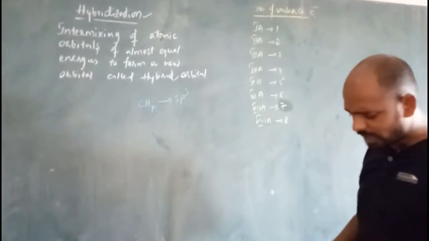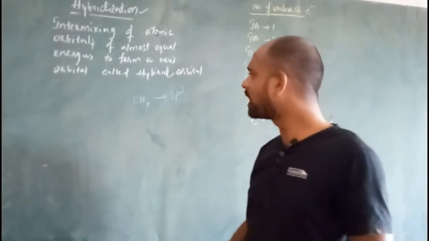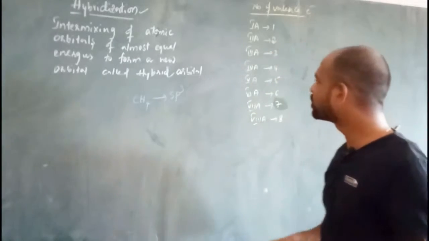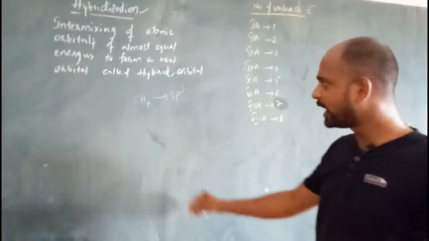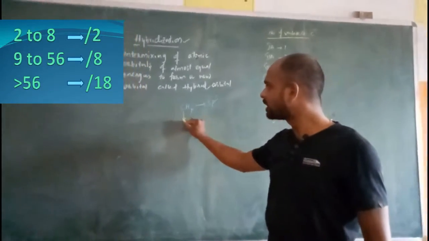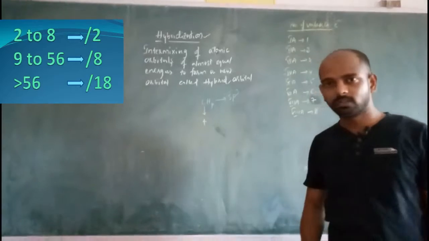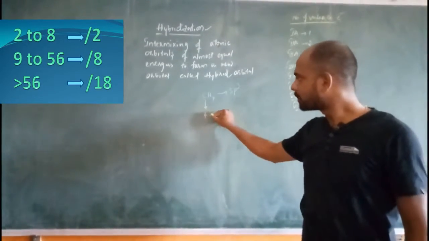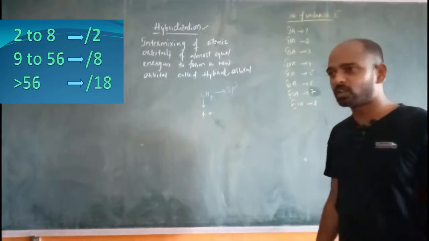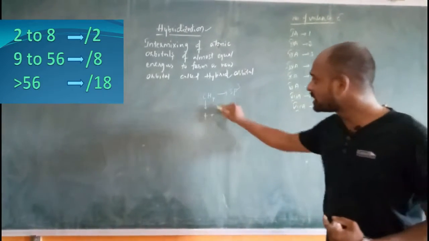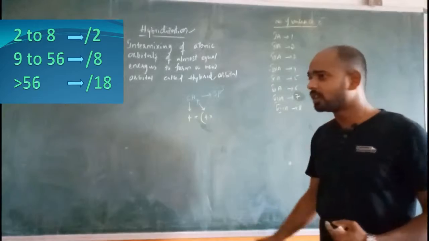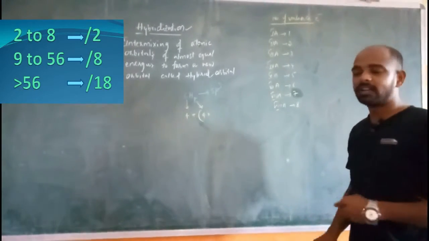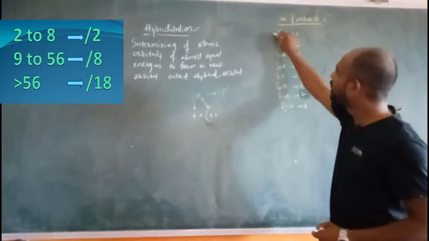See here we have carbon. Carbon belongs to 4A group elements, so the number of valence electrons will be 4, plus here we have hydrogen. There are 4 hydrogens in the methane molecule. So 4 into 1, because each hydrogen has 1 outermost electron as it belongs to 1A group.